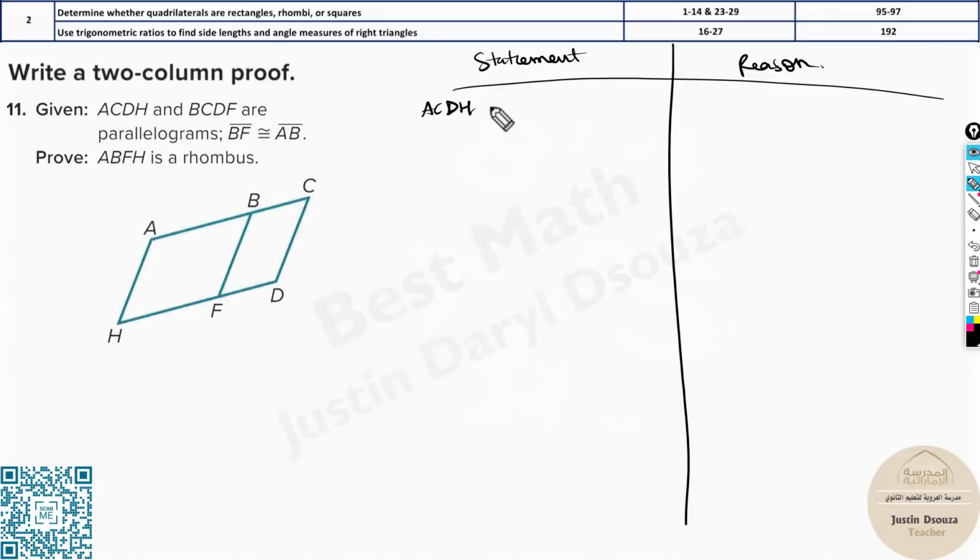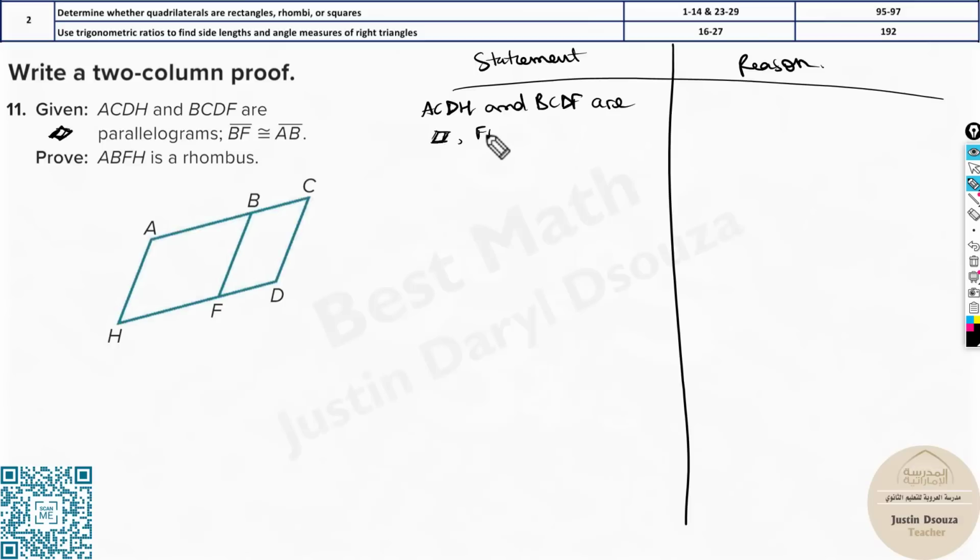A, C, D, H and B, C, D, F are parallelograms. So what I'll do is I'll just draw a parallelogram symbol like this for short form because many times you have to use that term. Okay, that is parallelogram. But you guys in your exam, just do it properly. Write it properly: parallelograms.